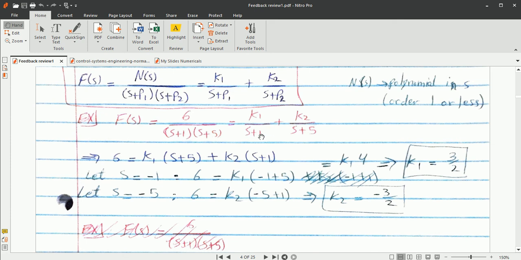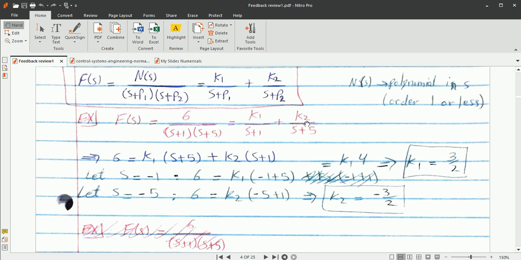If you make s plus 1 zero, this term becomes 0 and you get only this term: 6 is equal to K1 into (s plus 5), and s plus 1 equal to 0 means s is equal to minus 1. So minus 1 plus 5 will be 4, and you will have 6 over 4. 6 over 4 means 3 by 2. So here you get K1.